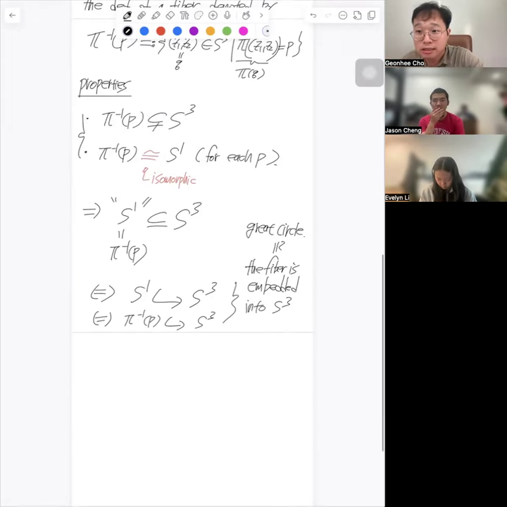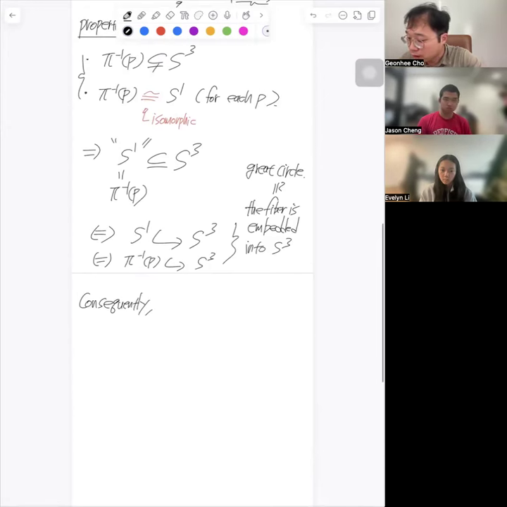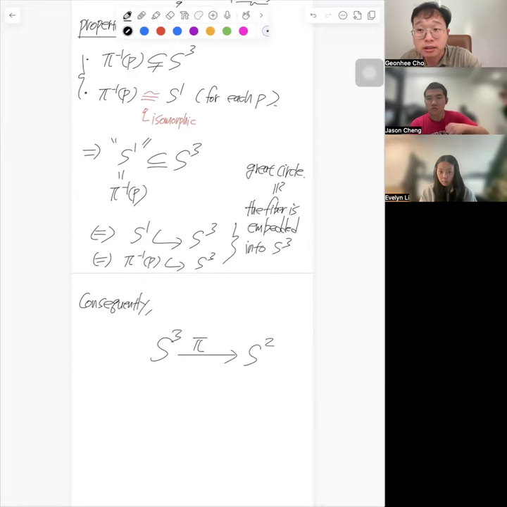Now let's combine our facts. Consequently, let's combine what we have learned. From the Hopf fibration, you start from S3. Agree? You have S3, and a map pi that maps to the Bloch sphere. Is that okay with you? We have a Bloch sphere, so you can also consider the fiber.